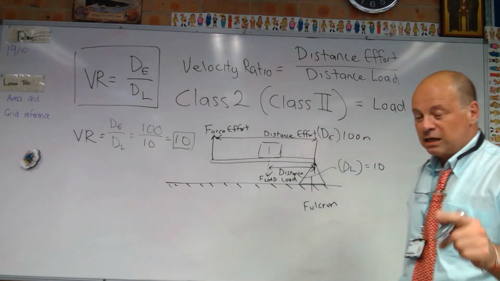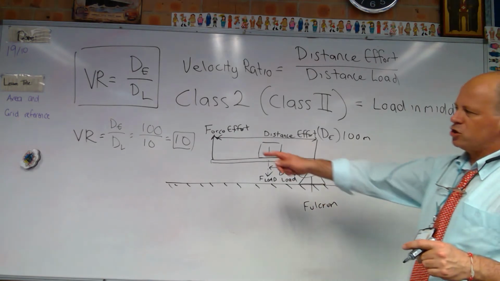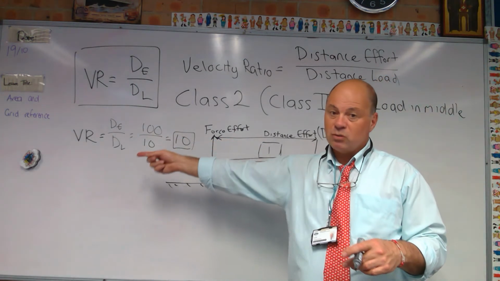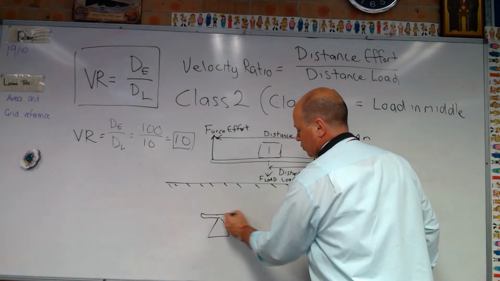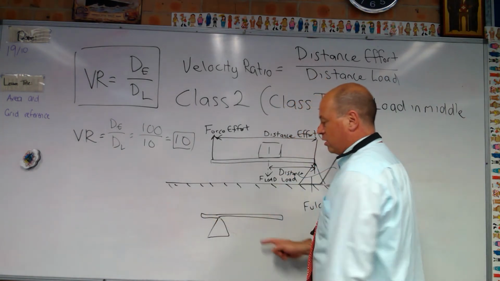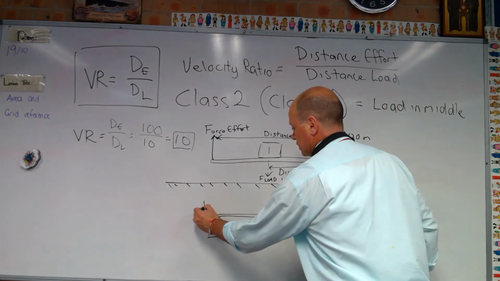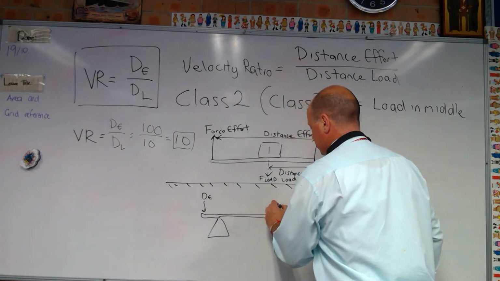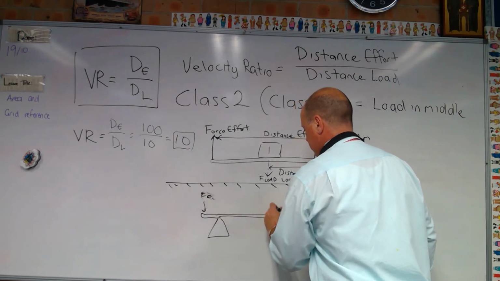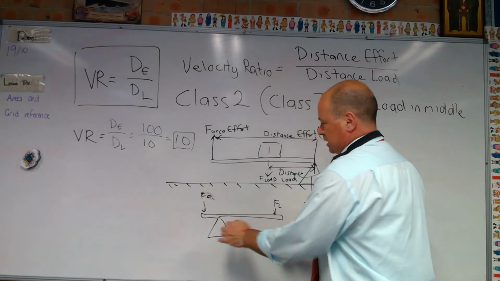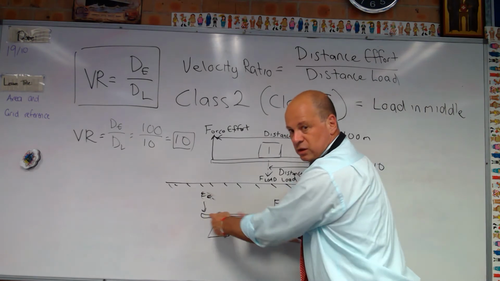And the other thing with a class 1 is you can have a velocity ratio that's less than 1. If I make my distance of effort really short and my distance of load really long, you can see that the distance of effort is much shorter than the distance of load.